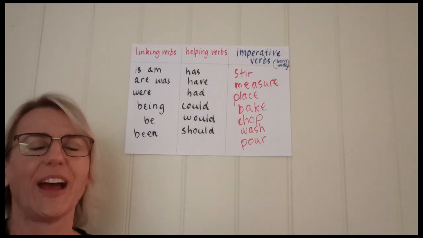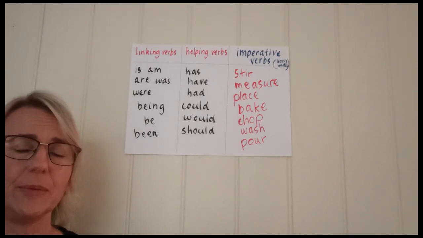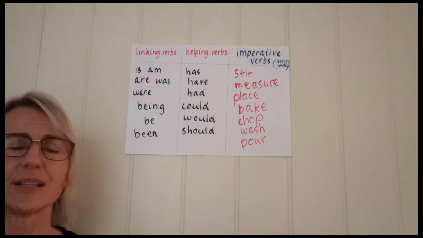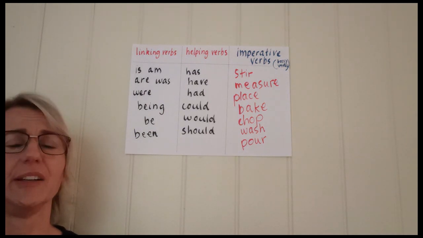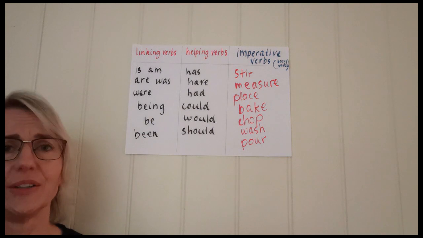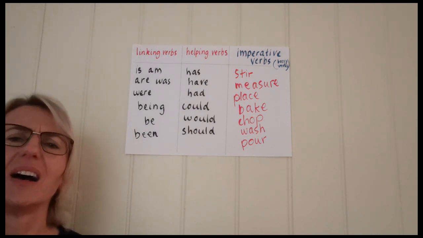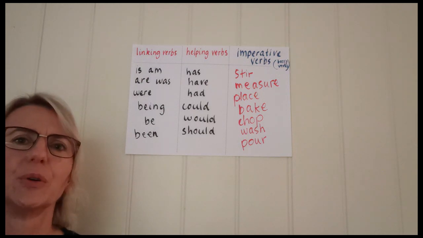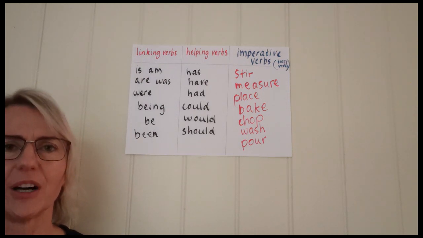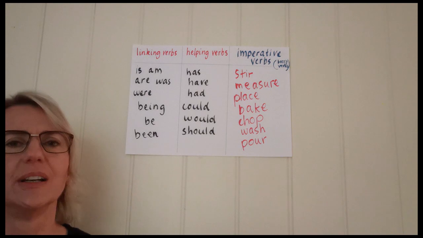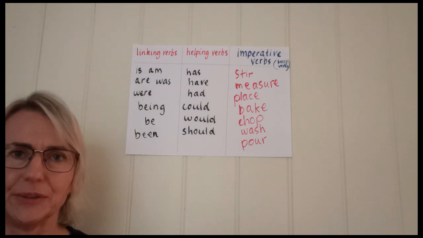So girls and boys, we've had a look at some different types of verbs, some linking verbs, some helping verbs, and most importantly, those imperative verbs, which are your bossy verbs, those really important ones that you want to have in your writing that tells the person exactly what to do.